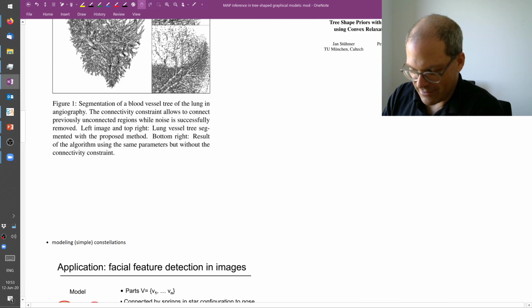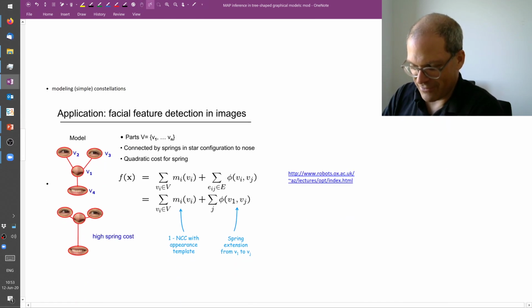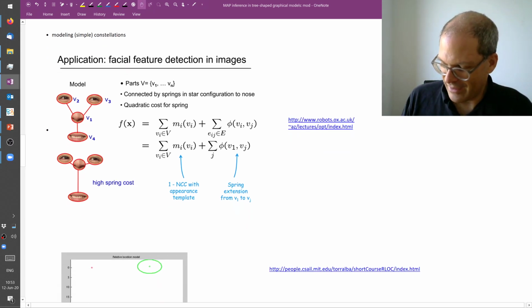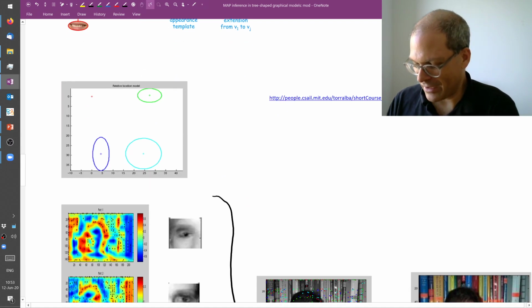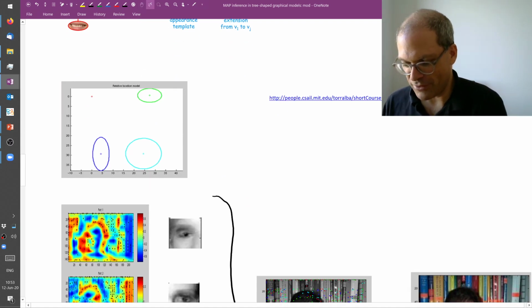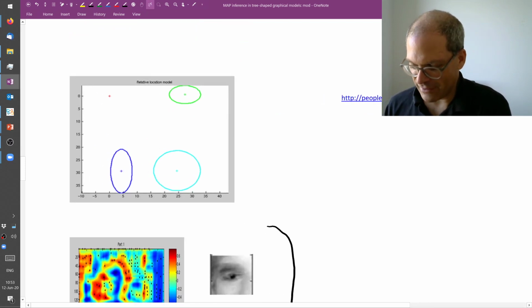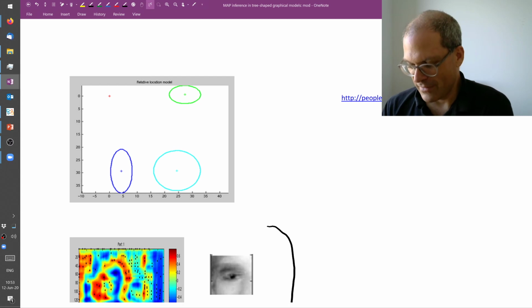And the final example, I've shown you the slide before, from Scissorman, and here from a very nice short course, I want to give you a few more examples. So this is for recognizing facial features, in particular the left and right eye and left and right corner of the mouth.